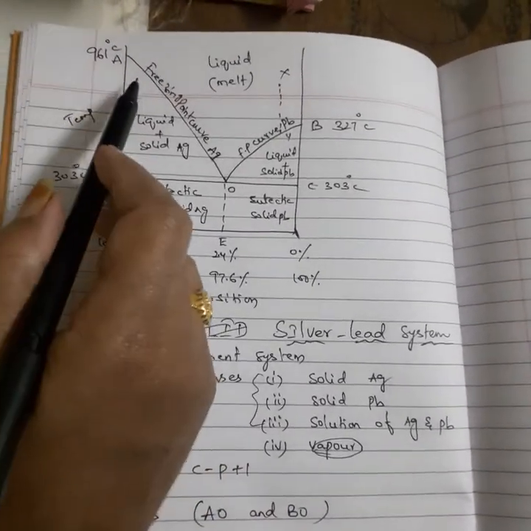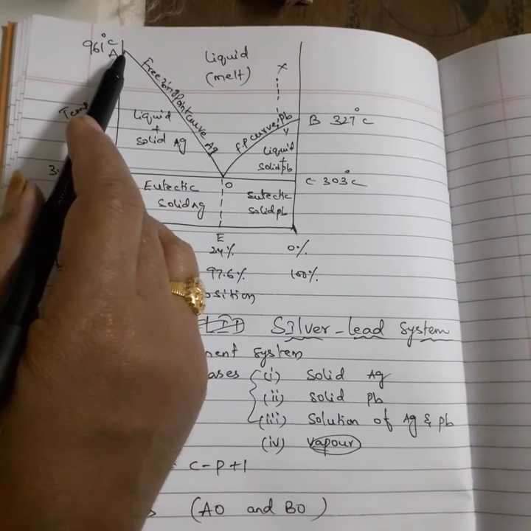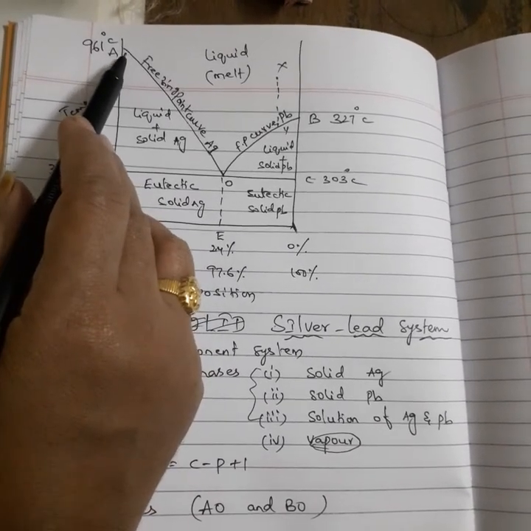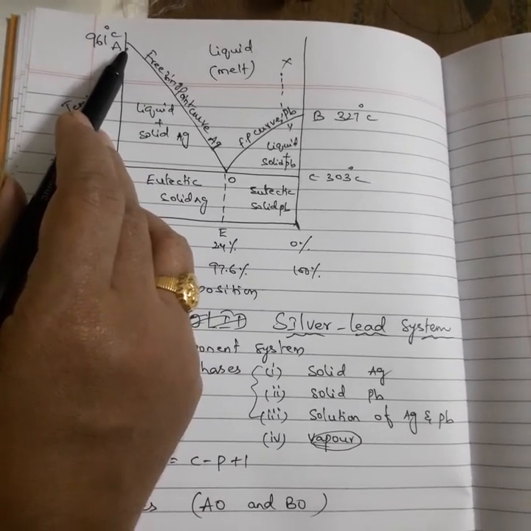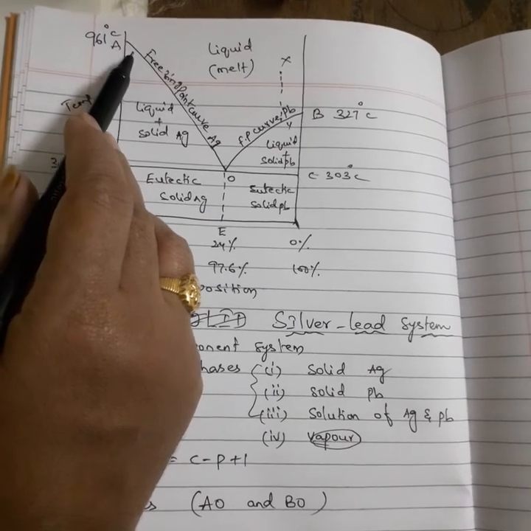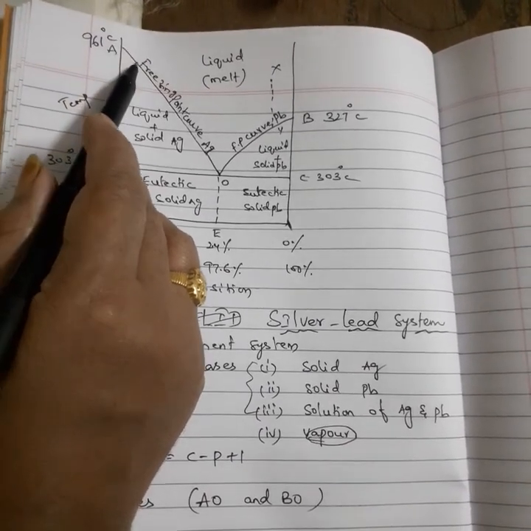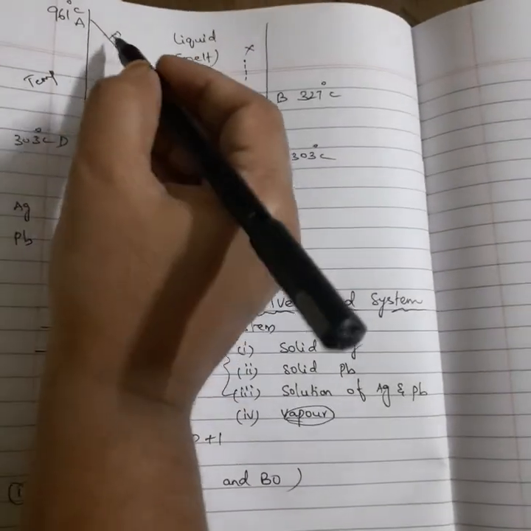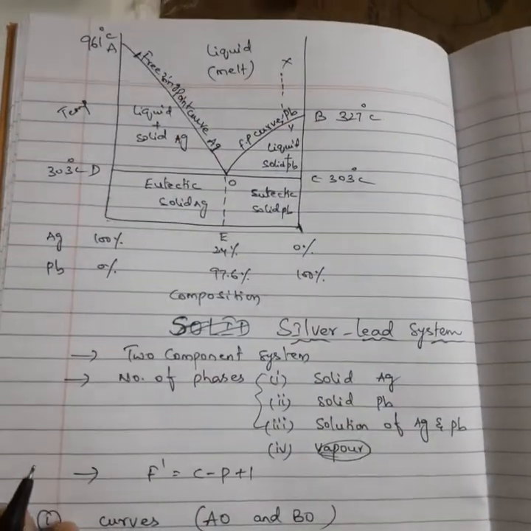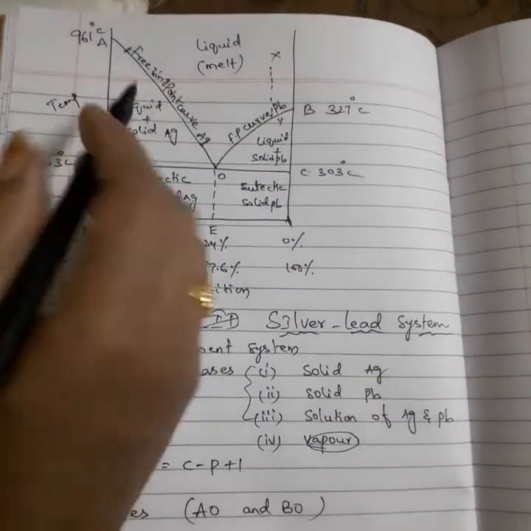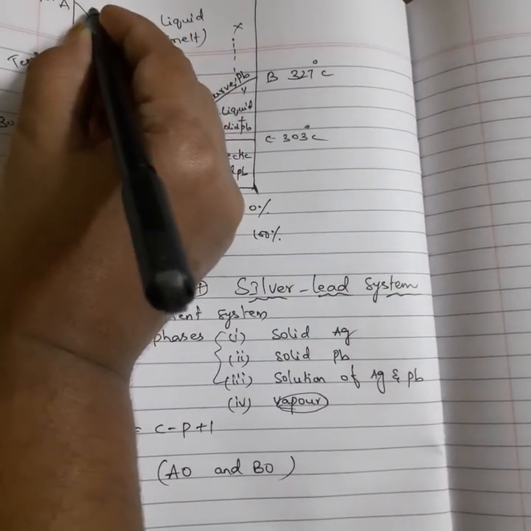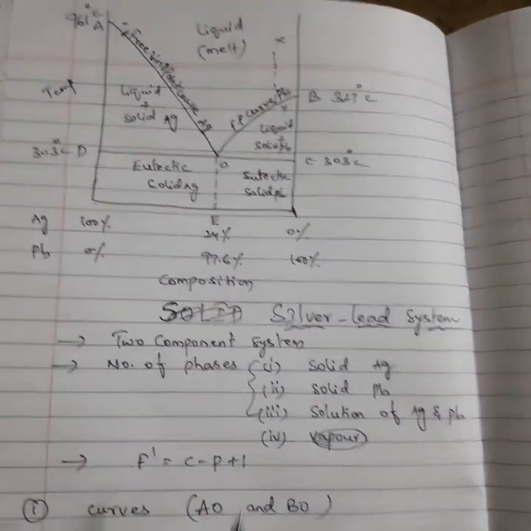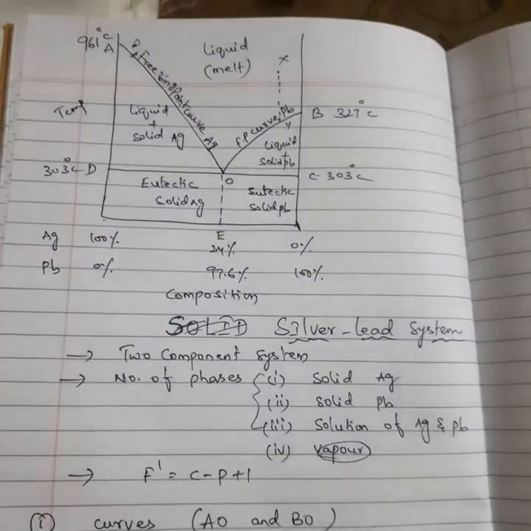Let us suppose, up to 961 degrees centigrade, below 961 degrees centigrade, even silver exists in the form of liquid. Suppose I am considering a point here, a little bit above.